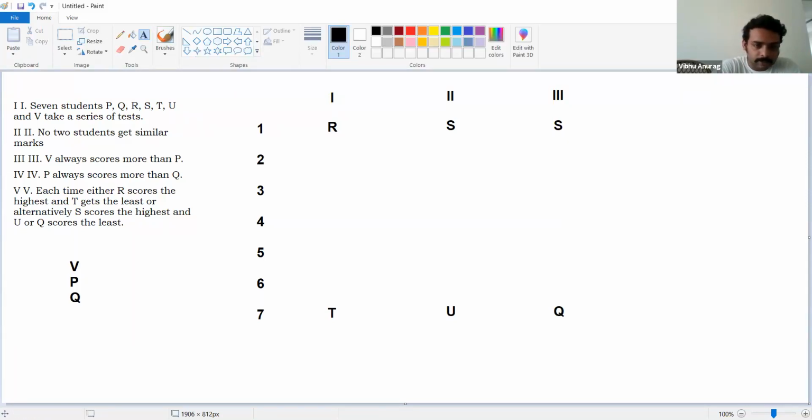So let's see the questions. Question 18, if R is ranked 2nd and Q is ranked 5th, which of these must be true? So give R 2nd rank. It's not scenario 1. And who's ranked 5th? Q is ranked 5th. So R is 2nd and Q is 5th. So it is scenario 2. I hope that is clear.